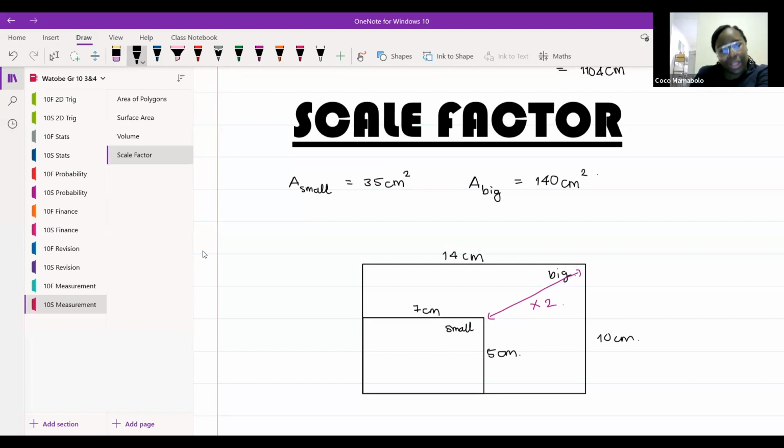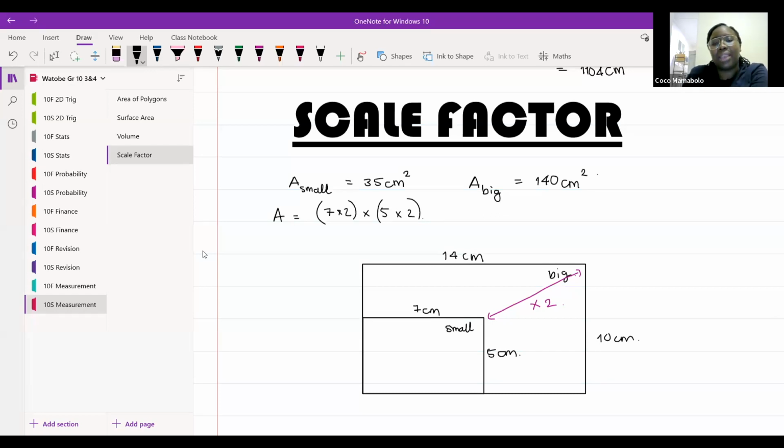If we do it the way that Asbonge has written it over here, which is so smart, the area I actually had was 7 times 5. But now I've gone 7 times 2 times 5 times 2. That is why we are doubling and then doubling again.